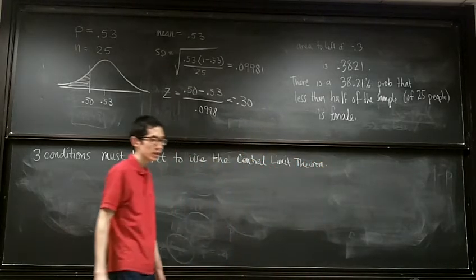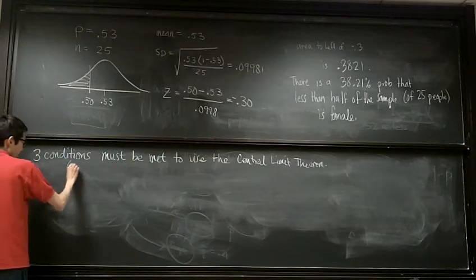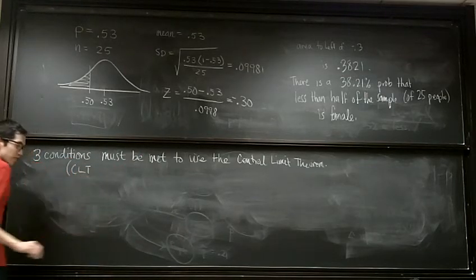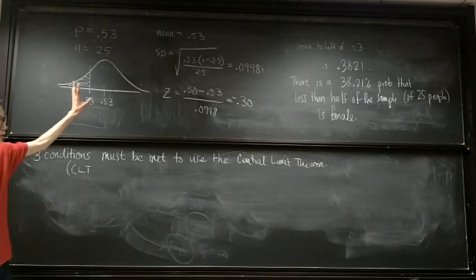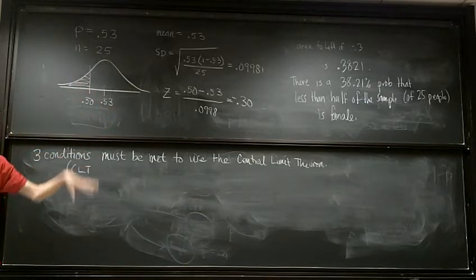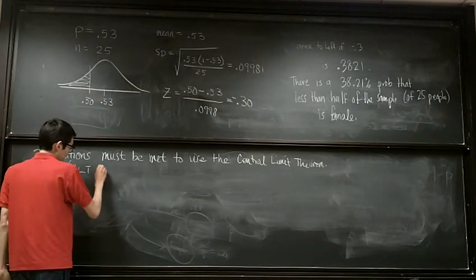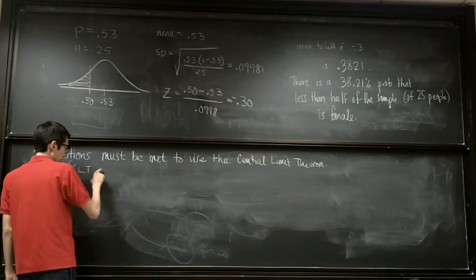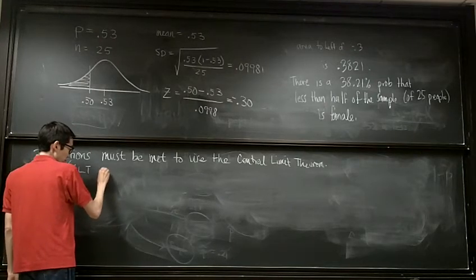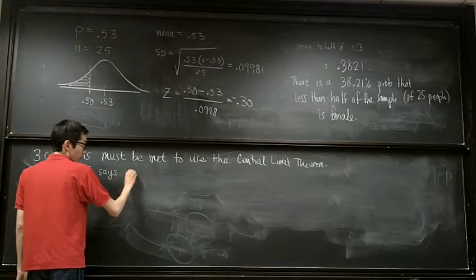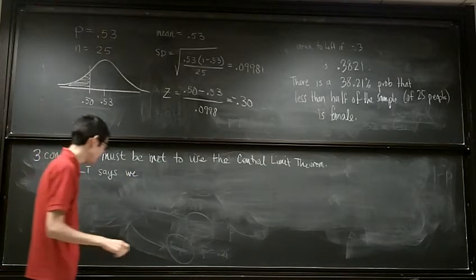Okay? And the central limit theorem is just a fancy way of saying we can use the normal model to approximate our sampling distribution.